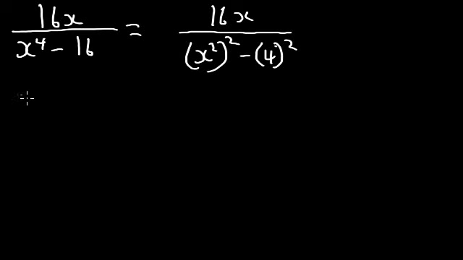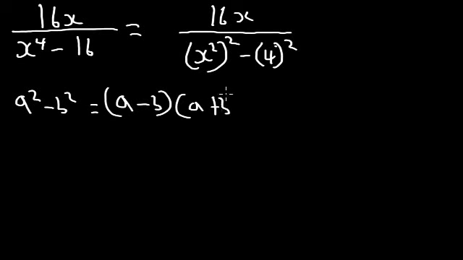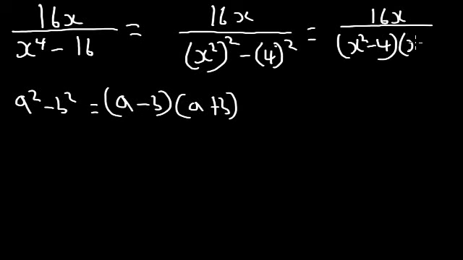The property of a difference of two squares, a squared minus b squared, is that it can be re-expressed as a minus b, a plus b. If that's the case, this can become 16x all divided by x squared minus 4, then x squared plus 4.